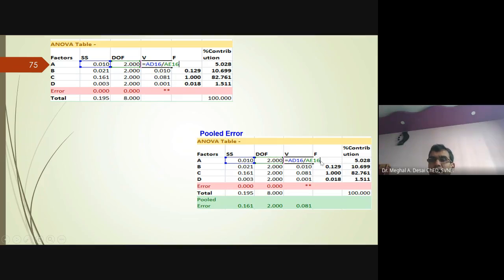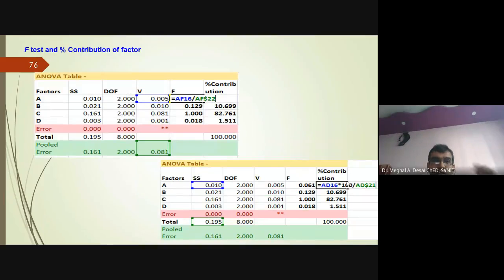After pooling, I can perform F test and go for percentage contribution. Okay, so this is how the treatment can be done for, you can say, gray relational grade. So these are the values of F test. These you can see. These are percentage contribution that you can see.